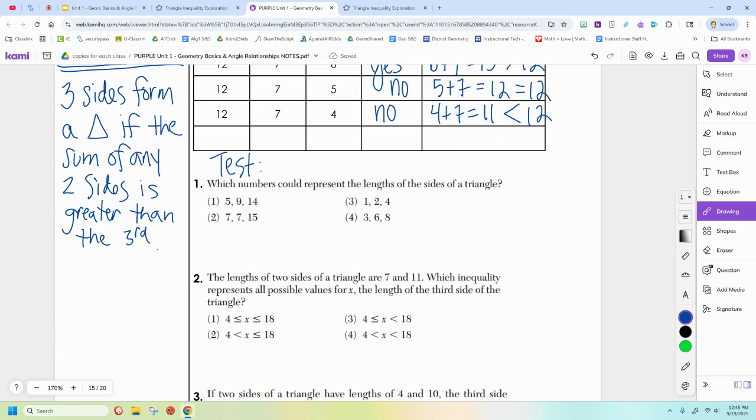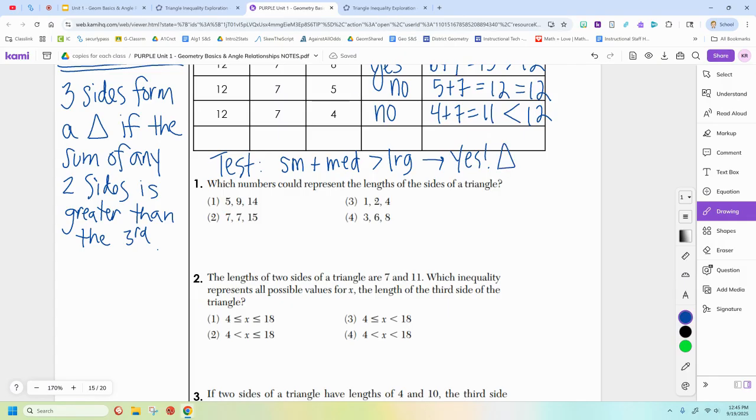So if you need to test if sides make a triangle, well, if the small side plus the medium side is greater than the large side, guess what? Yes! Triangle. Does that make sense?